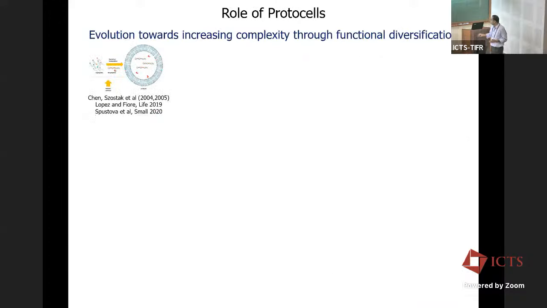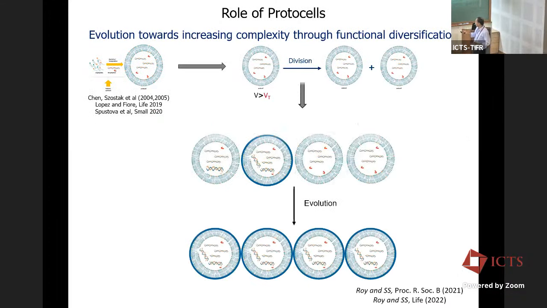So the reason for that is, this is just a cartoon that describes the process. Initial work done by Jain and Szostak showed that if you encapsulate RNA molecules inside lipid bilayers, vesicles formed out of fatty acids, then these RNA molecules start exerting pressure on the walls of the lipid vesicles, and eventually it creates an instability which makes them grow and eventually divide into two vesicles, and so on.